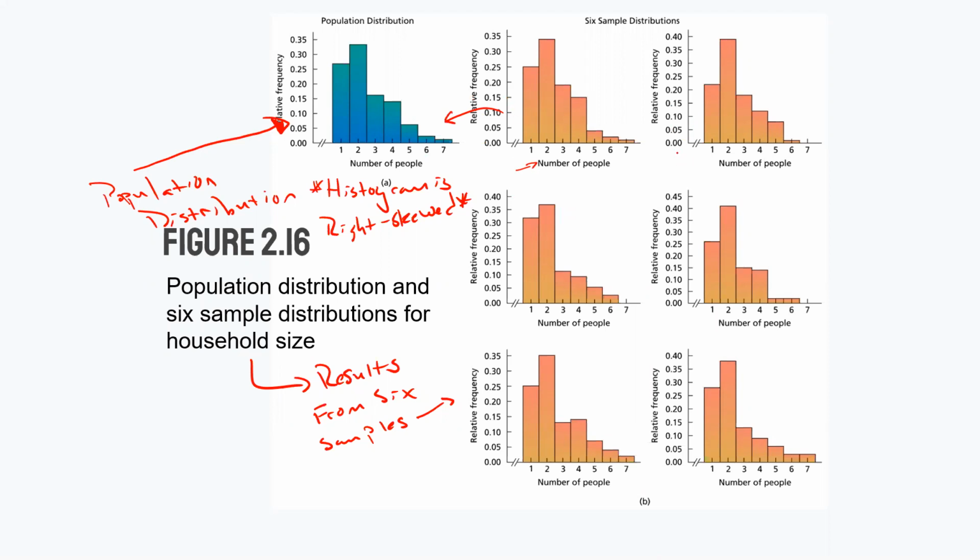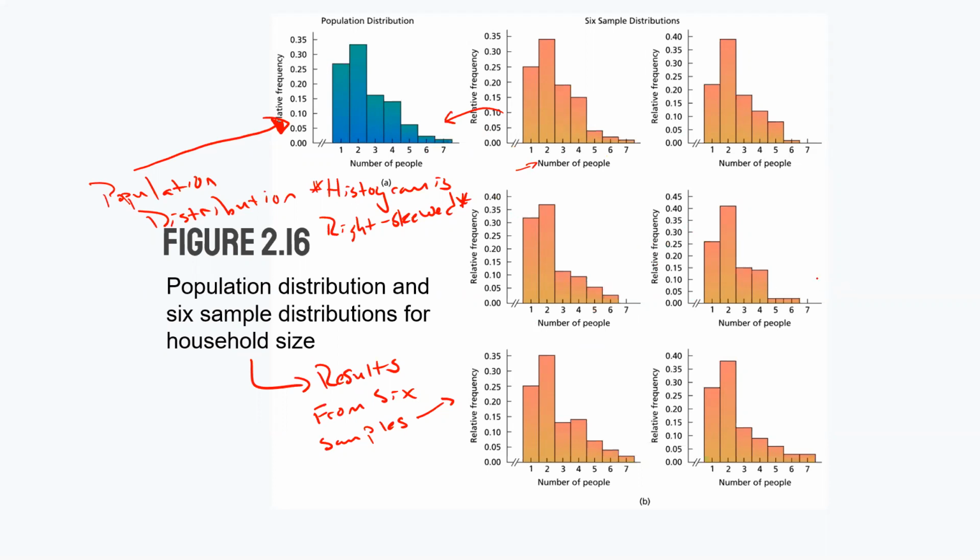And this sample is not exactly the same as this. This one is not exactly like this, and so on. But does each histogram kind of closely show the distribution of the number of people in households in the United States? Meaning, are they pretty close? Yeah, I agree. Yeah, kind of.